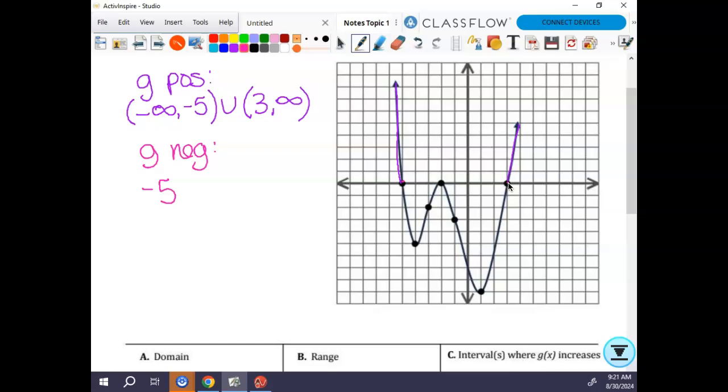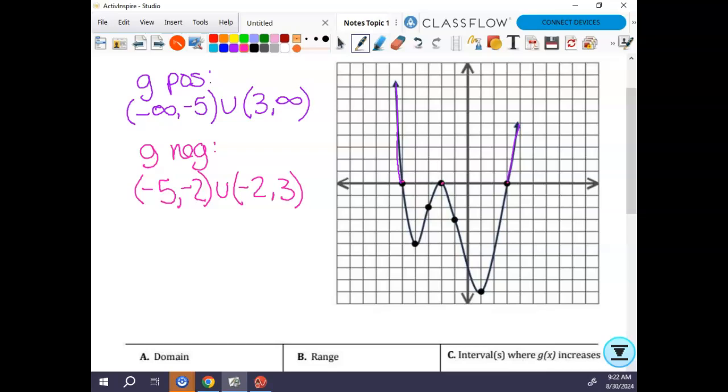Some of y'all are shaking your head. Why no? Elizabeth, tell me why. Good, because at negative 2 it's 0. All right, so we have to go from negative 5 to negative 2. And then we start back over at negative 2 and go to 3. So basically we just have to skip over that point. All right? We good with that? Okay.